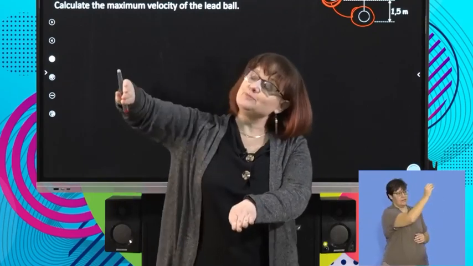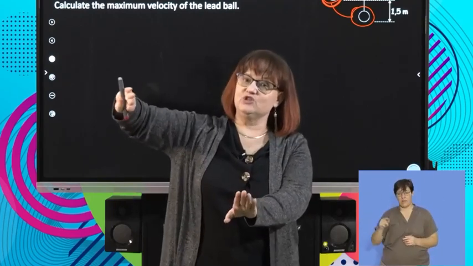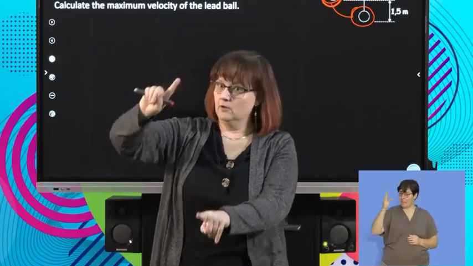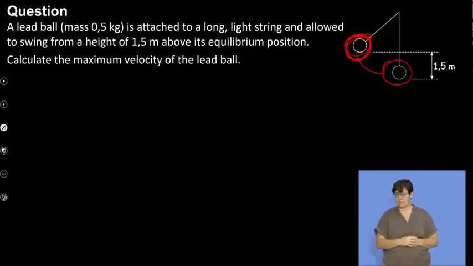So at this point, its kinetic energy is 0. I know that over here, velocity is 0. Over here, height is 0. We need to be very, very, very careful.